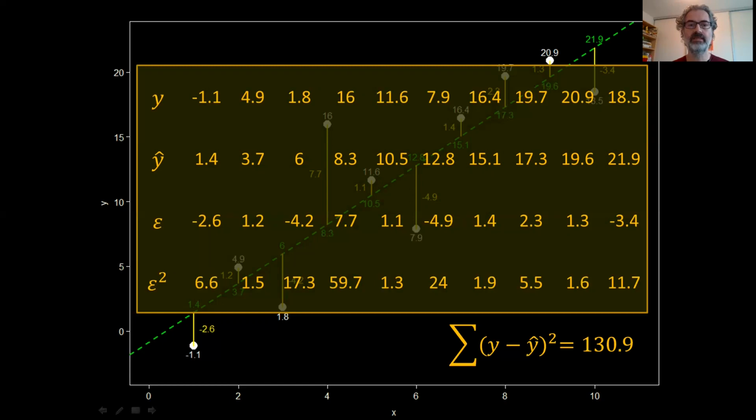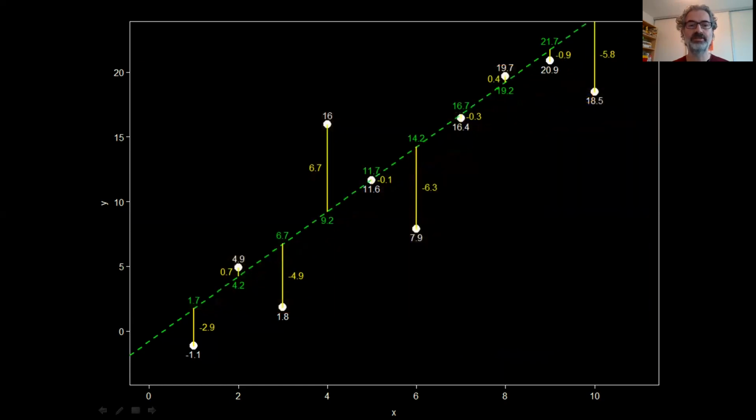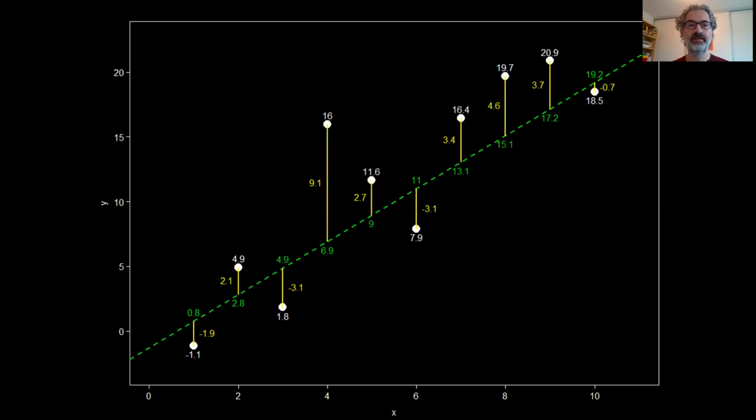For each line that can be drawn, for all possible lines, we have a corresponding set of residuals and therefore a sum squared error. So for this line, the squared error is 153. For this line, it is 163.2. If we could draw all the possible lines, calculate the squared errors, and find the one with the smallest sum, that would be our perfect line.